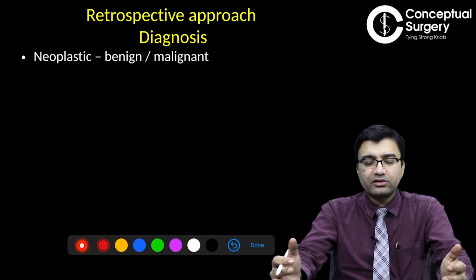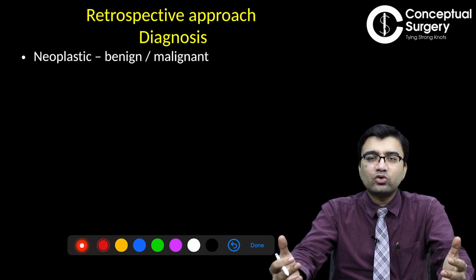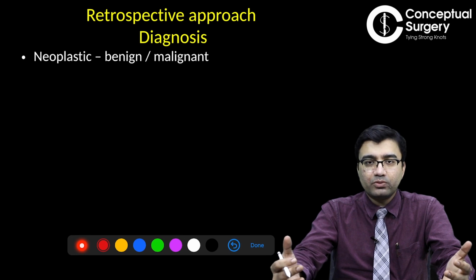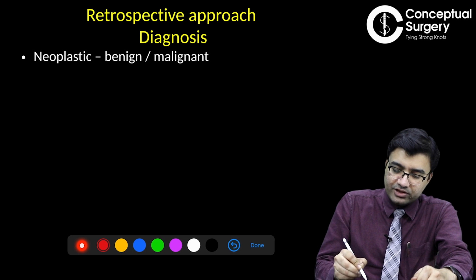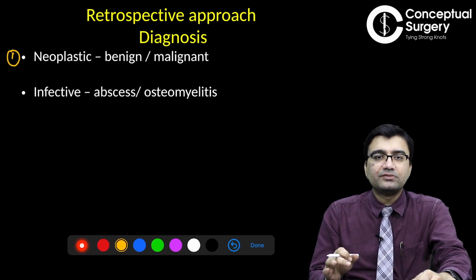In simple terms, it is any growth of tissue called neoplasm. It may be benign or malignant. It may also be a pseudotumor. That is also a possibility. So that is the first type of swelling that you encounter, neoplastic.